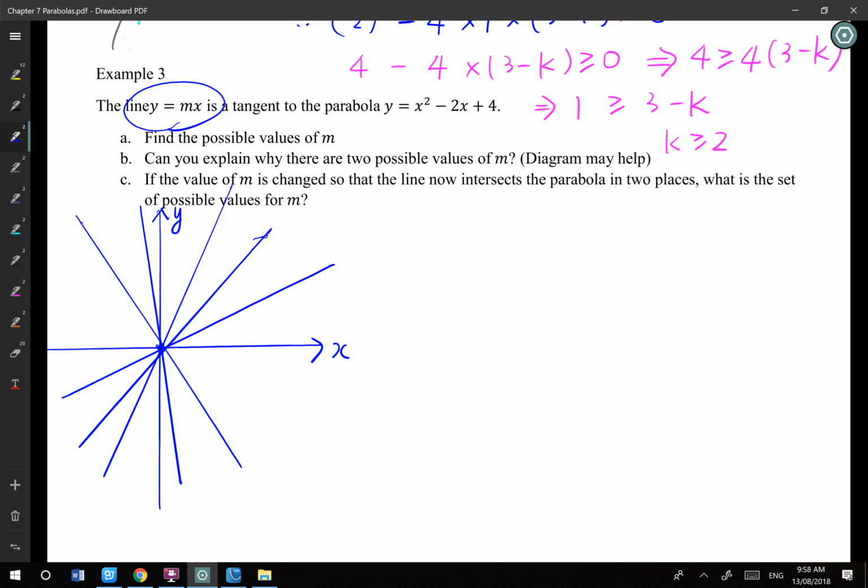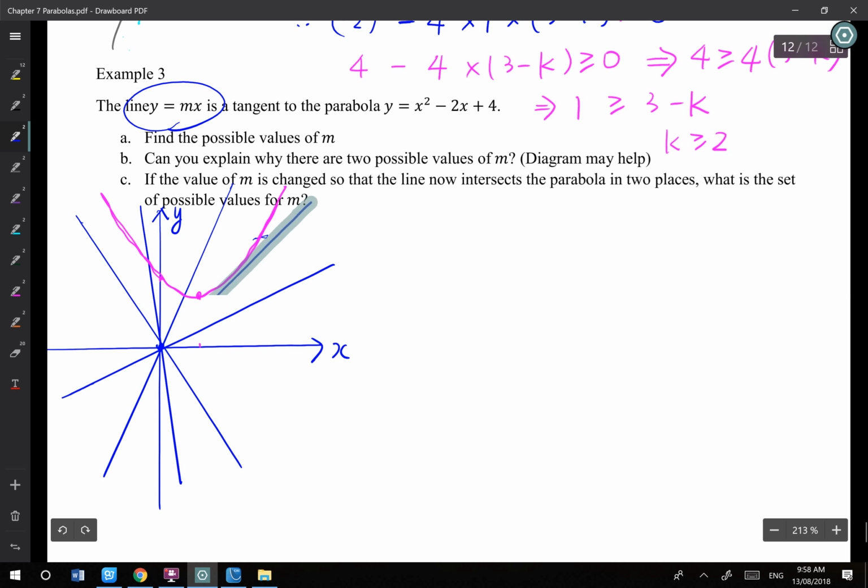So we have this quadratic here, something like this. I can draw one of these.